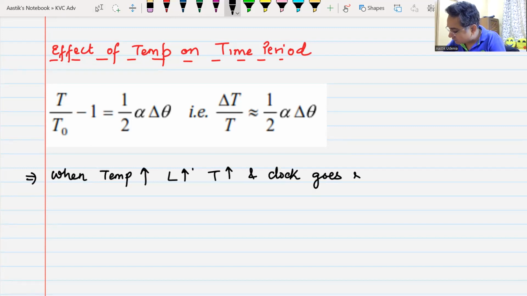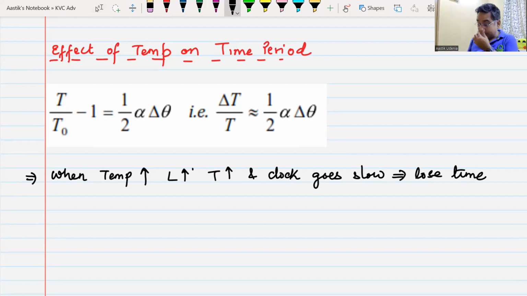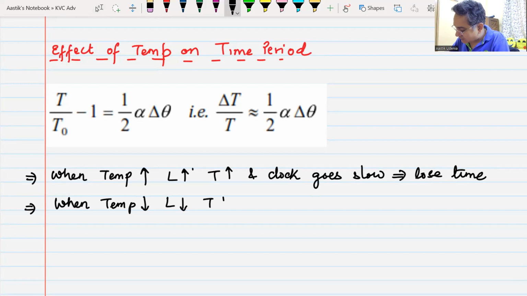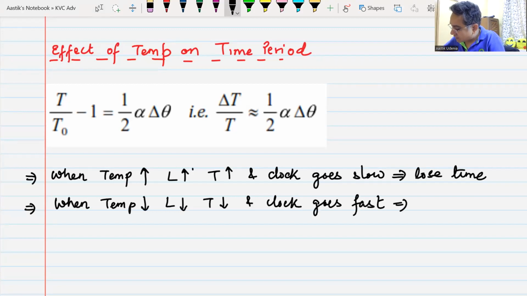Do we understand this? It starts to lose time. When temperature decreases, length of the pendulum decreases, time period decreases, and the clock goes fast. That implies it starts to gain time.